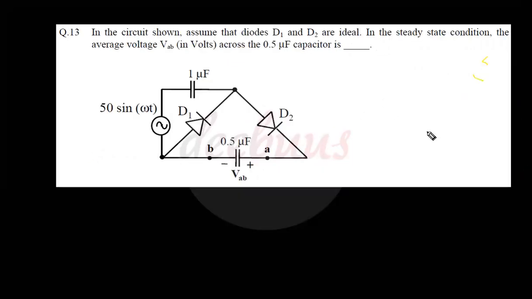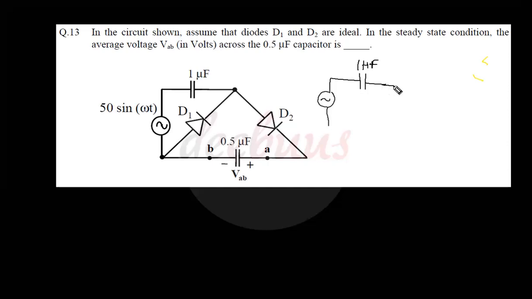Moving to the next question. In the circuit shown, assume that diodes D1 and D2 are ideal. In the steady state condition, the average voltage VAB across the 0.5 microfarad capacitor is? So first of all we can redraw this circuit. First of all a 50 sin omega t, that is the source voltage. Next a capacitor of 1 microfarad.